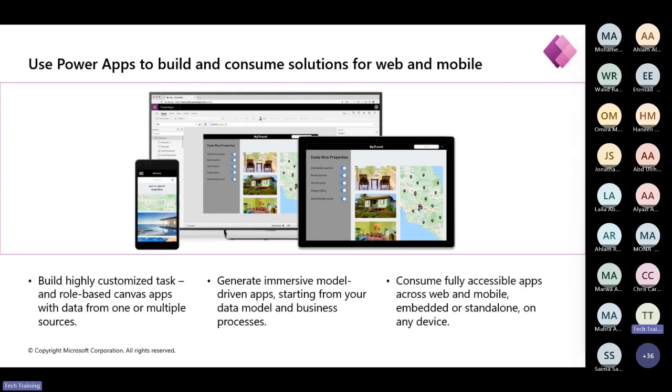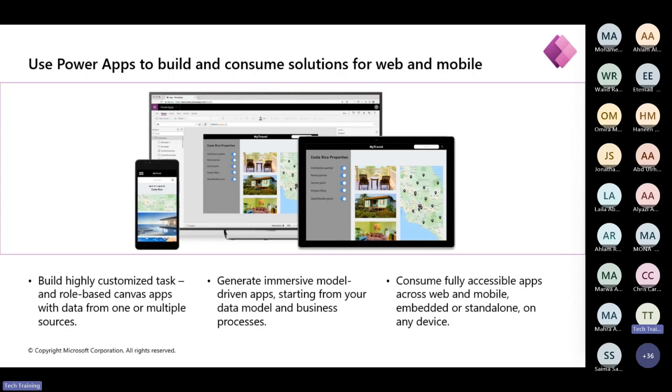As you can see here, just confirm to me that you can see my screen. Okay, this is the interface of Power Apps. We have the left pane that has the home page. Here I can just simply create a new application.